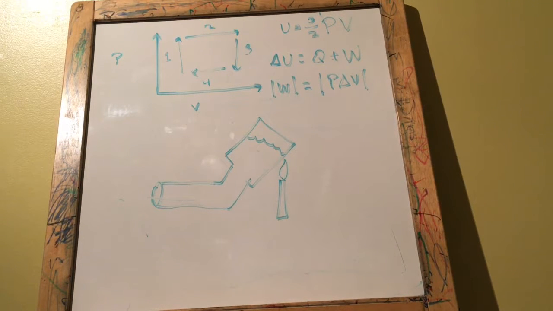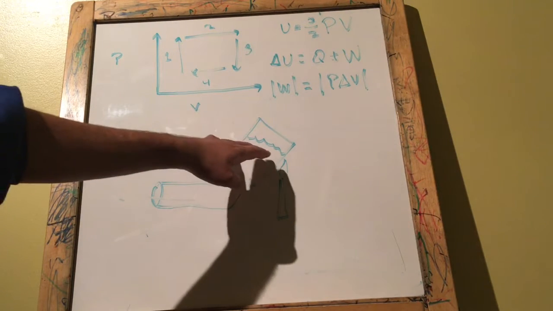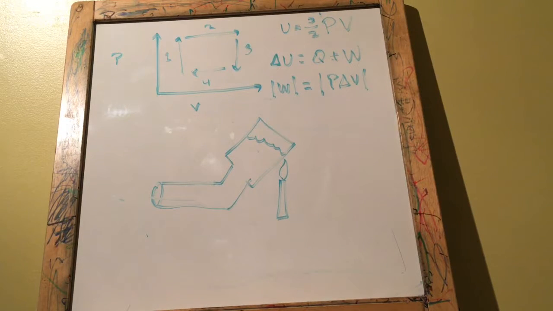Now, process 3 simply sees the pressure beginning to decrease in the engine because now the steam has completely escaped, and because there's no steam anymore, the pressure lowers. And we know that there's no work being done on or by the system because the volume's not changing in any way based off this equation.